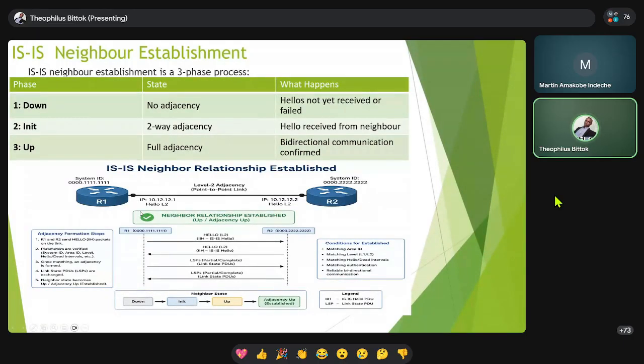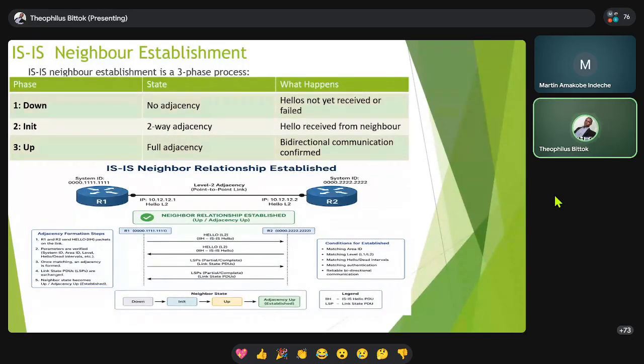That is when you've enabled padding, and this is very key when your network is expanding, when the number of routers in your network is increasing.